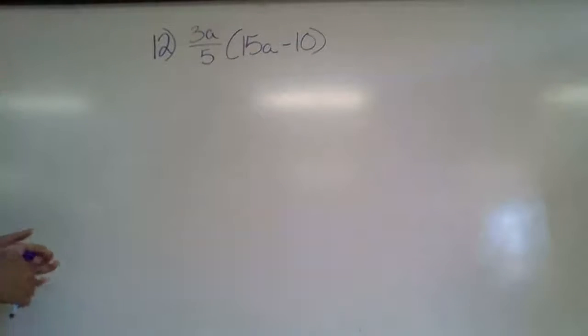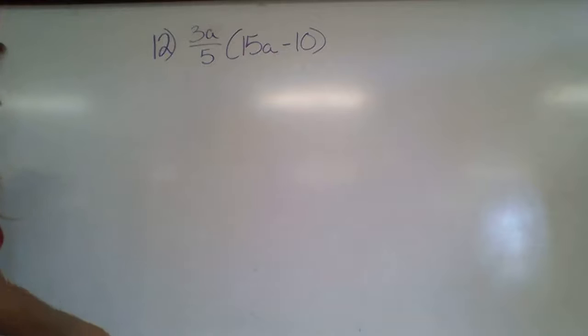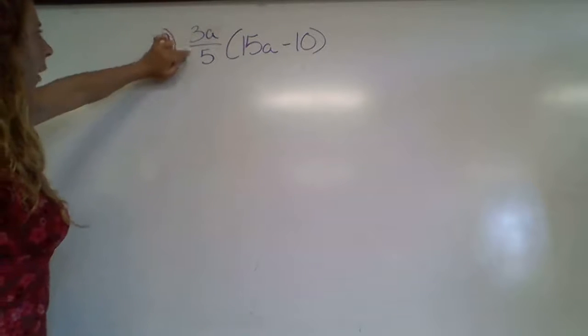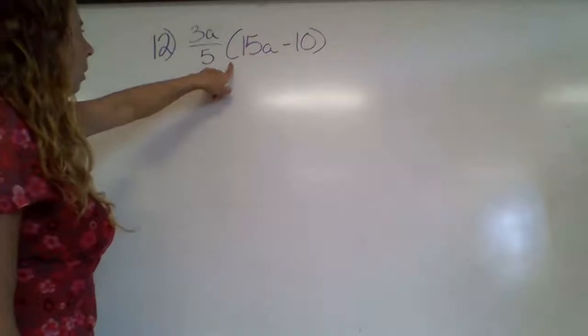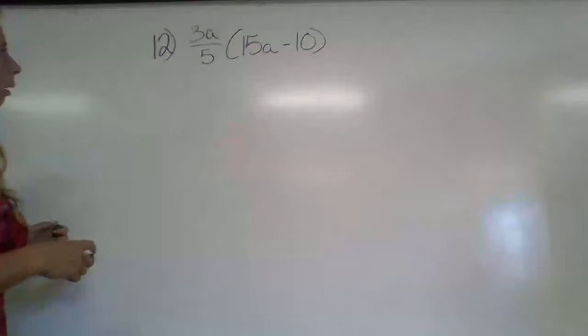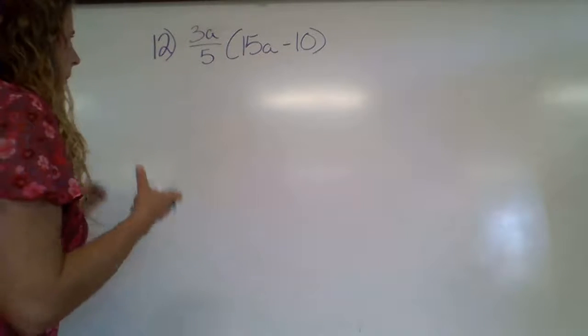Okay, we're switching into the distributive part of the homework. So this is number 12. So I have 3a divided by 5 times the quantity 15a minus 10. So I like to go one step at a time.